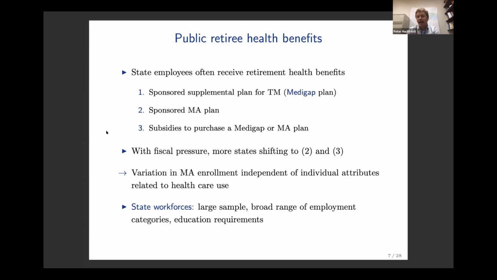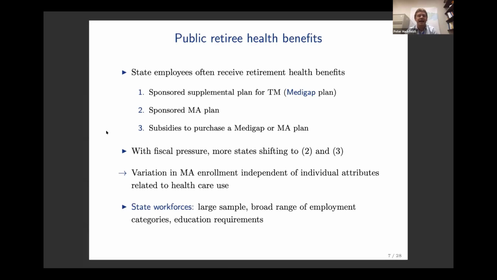The MA plan would be the residual claimant, but these supplemental plans are usually self-insured. So the state is basically going to be responsible for really high healthcare costs. And so shifting retiree health benefits is creating, we would argue, variation in Medicare Advantage enrollment that is not going to be biased by other individual attributes that are related to healthcare use.